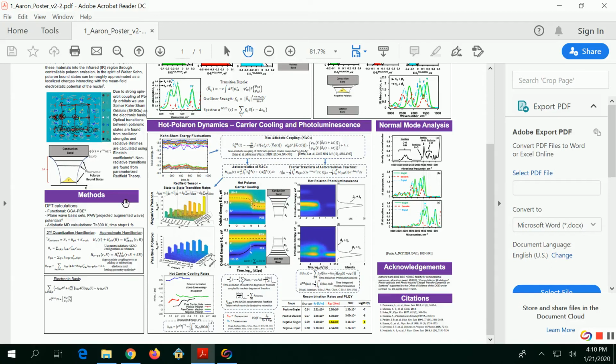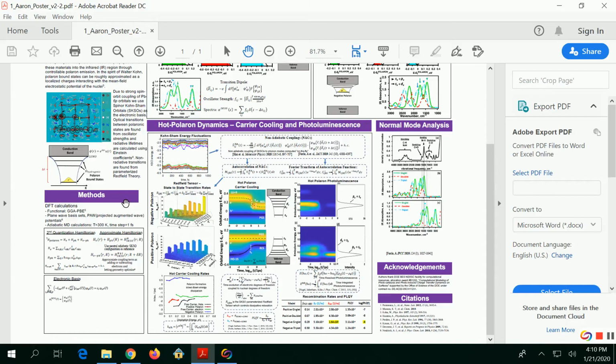Strictly when you think about solids, you think about applying periodic boundary conditions. That's problematic for polarons because at the boundaries, your polaron is extended, so you'll create edge states and they won't match up. So what we do is create a cluster, what we call a nanocrystal, and passivate it with ligands, and then model the polaron that forms inside the cluster, so you don't have to worry about charge delocalization in periodic boundary conditions.